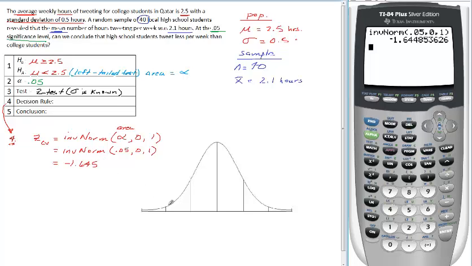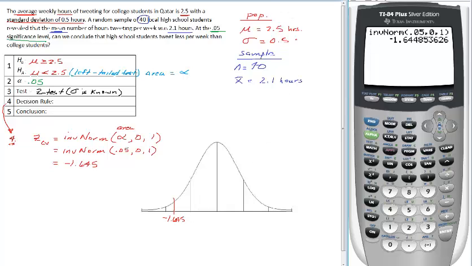Now if I go to negative 1.645, which is roughly right here, okay, roughly. Let me just do that again. Okay, so this is negative 1.645.